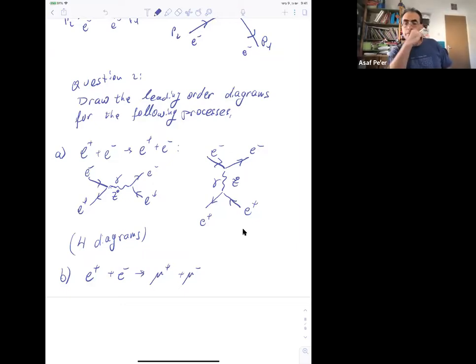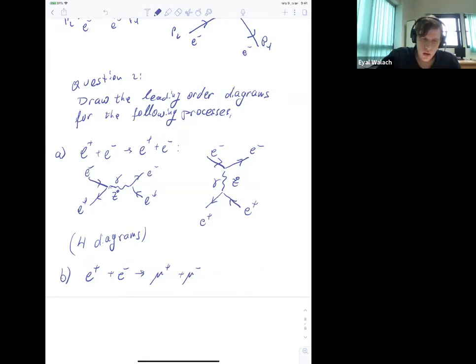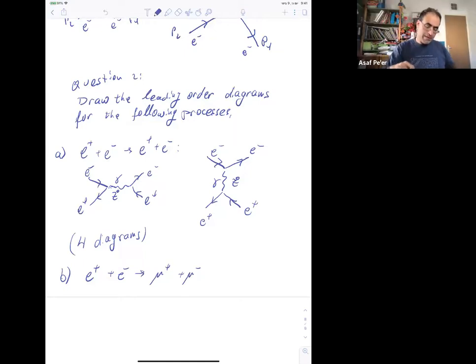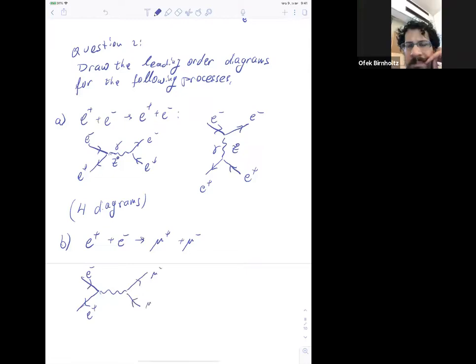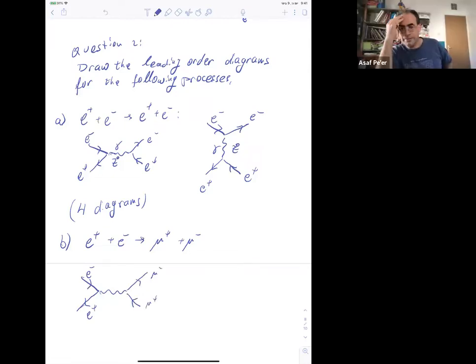Why not? We allow only for S processes. Very good. For the S, there is no problem. For the S, it's actually the same: e-, e+, and then we have some mu- and mu+. But for the T channel, we have two such diagrams, gamma and Z.